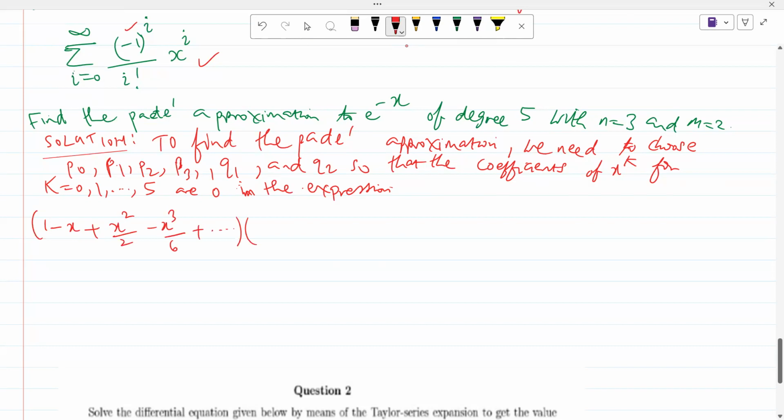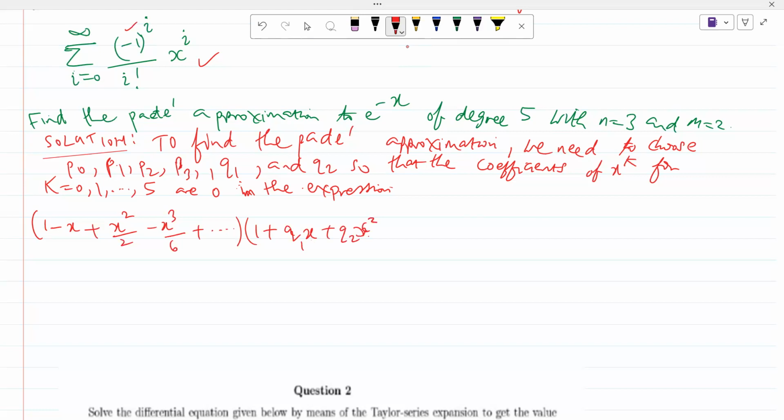And then you multiply this by the denominator. The denominator is, the Q naught is 1, because we do not want the denominator to become 0. So you have Q1 x plus Q2 x squared, consistent with the example we just did of the Pade approximation.